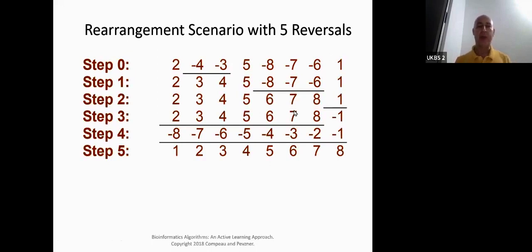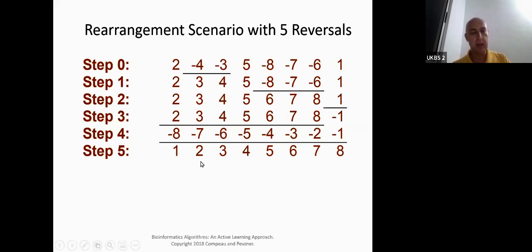And now we are going to show you a rearrangement scenario with 5 reversals. We have a step 0: 2, minus 4, minus 3, 5, minus 8, minus 7, minus 6, 1.